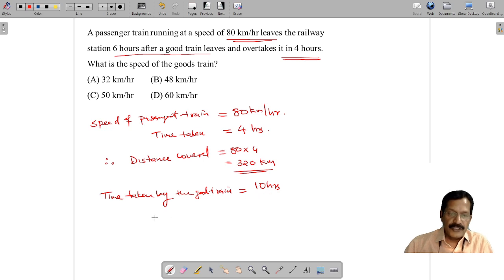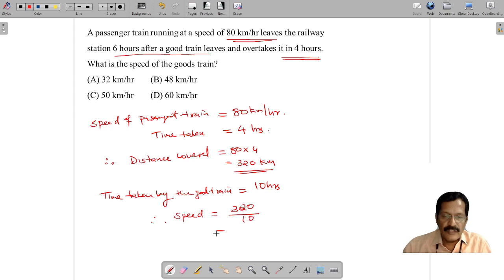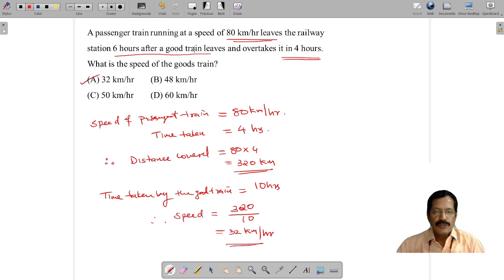Therefore, speed of the goods train is equal to distance traveled 320 divided by 10, and that is equal to 32 kilometer per hour. So option A is the correct answer. And this is also one of the JNVST questions.